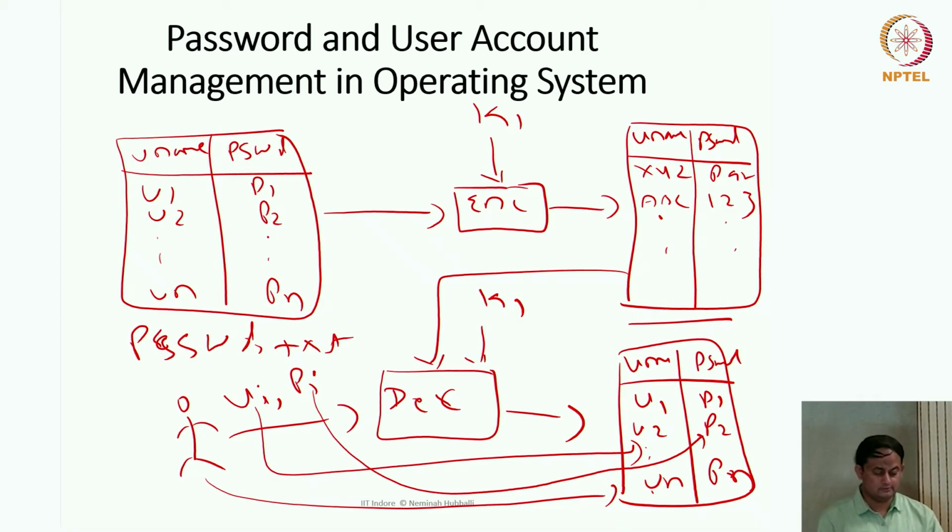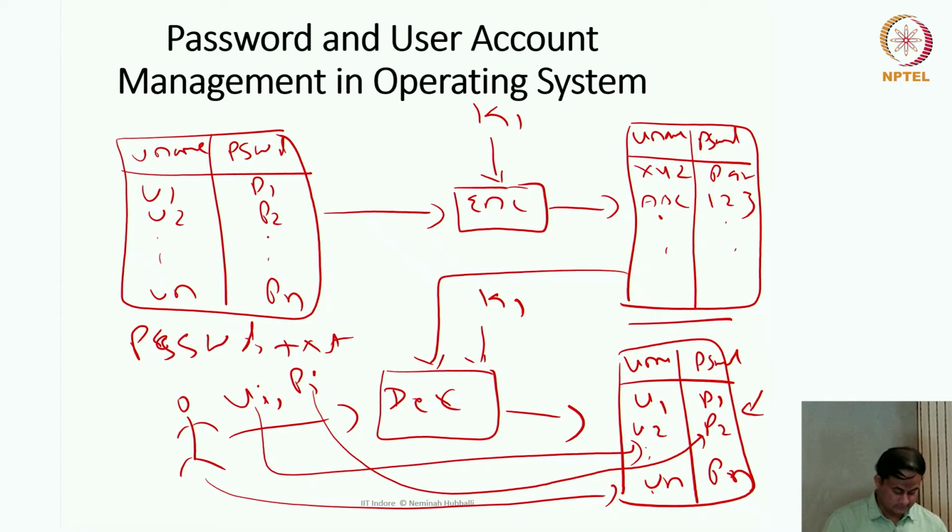Once the decryption is done, again all usernames and all passwords are exposed to the user who can read that file. So if you lose the file at this juncture, then again the whole set of usernames and passwords is compromised. So this second approach, which takes the encryption approach, is also not a good way of maintaining the passwords. Now the next question is, what else can we do to protect?